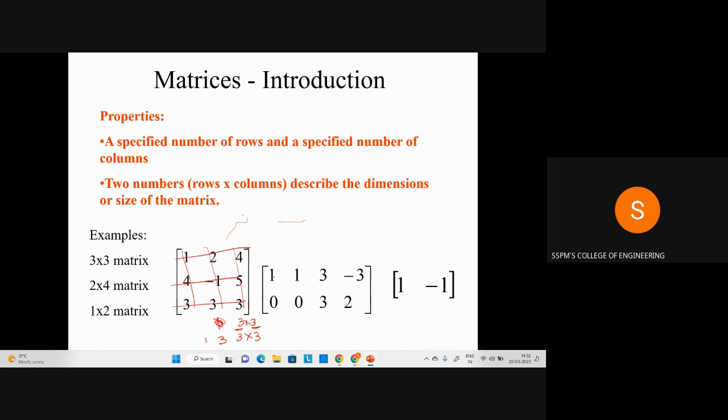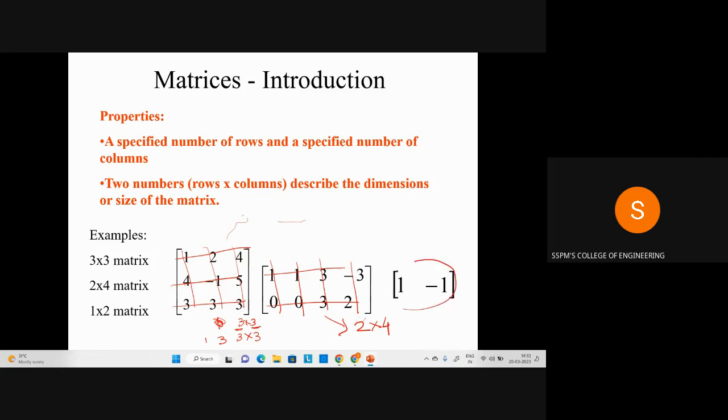In the second matrix the number of rows is 2 and the number of columns is 4, therefore the order of this matrix is 2 cross 4.